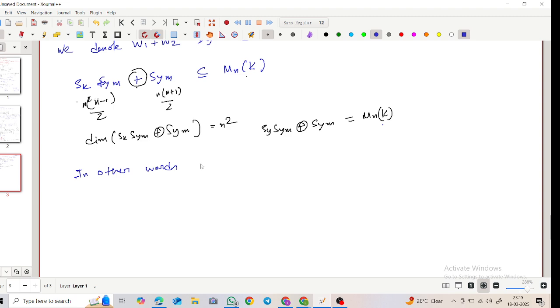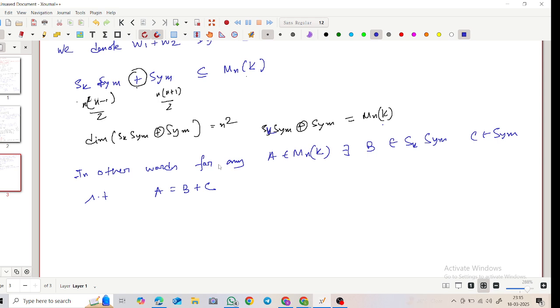So for any A belongs to MnK, there exist B belongs to skew symmetric and C belongs to symmetric, such that A is B plus C, right? That's true. Is that clear?